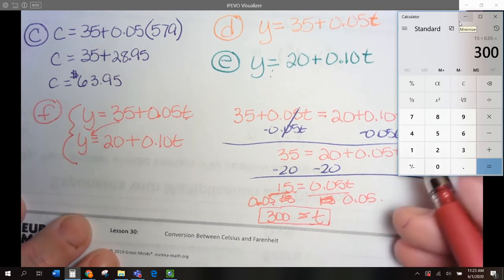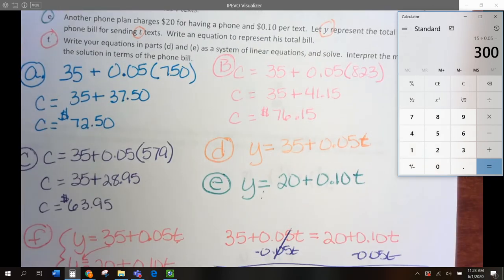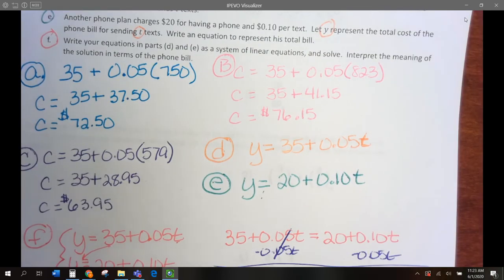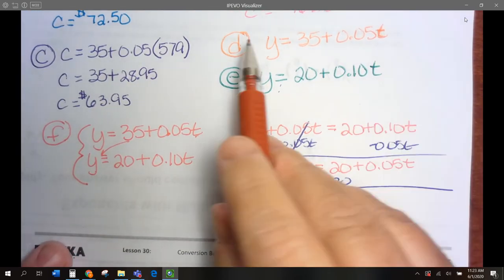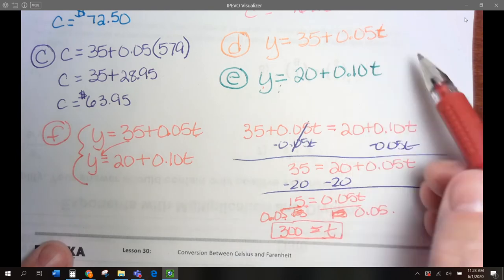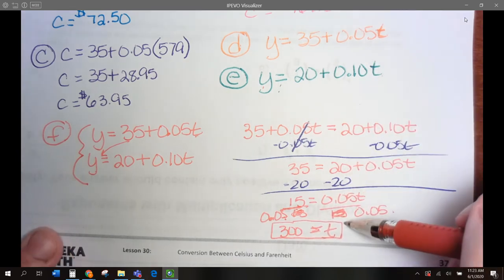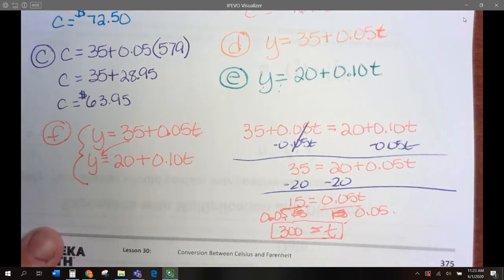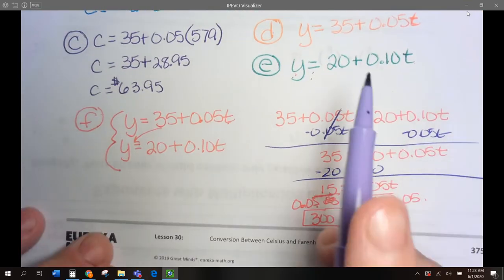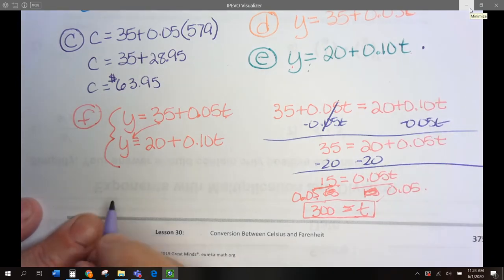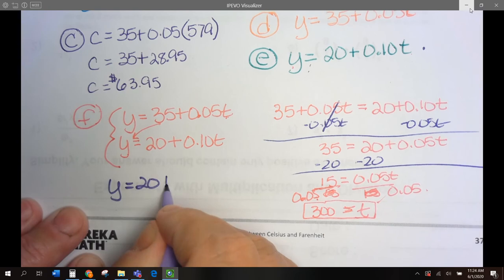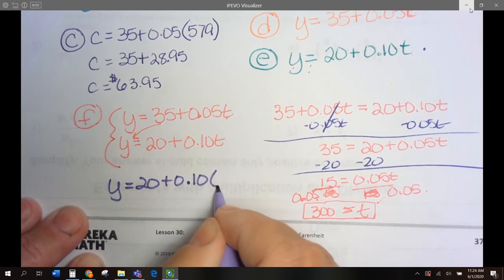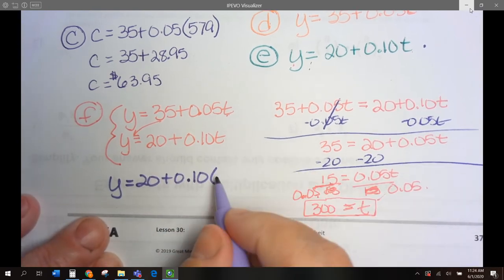Okay, so my system of equations tells me that in both equations, if t equals 300, what's y going to be? If t is 300, what's y? So let's come over to this problem here, and we get y equals 20 plus 0.10 times t, and we're going to use t as 300.